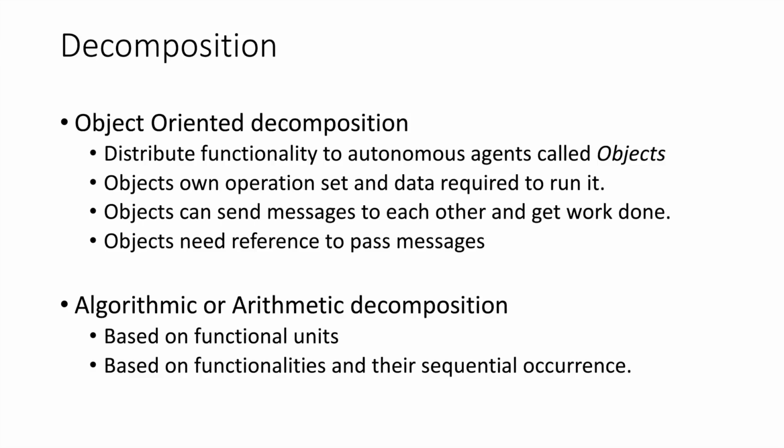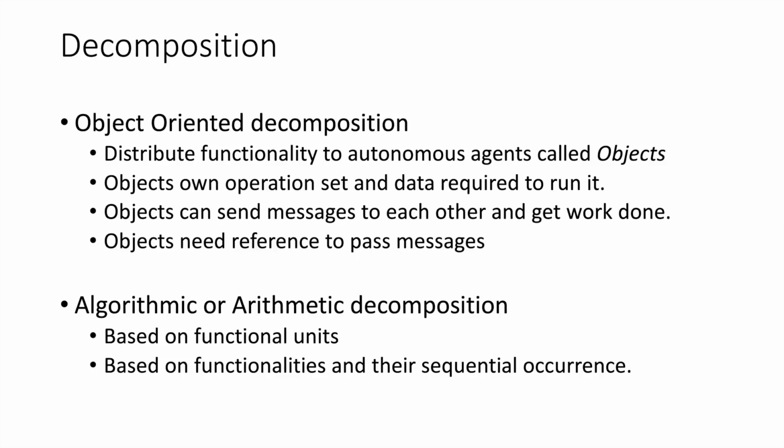In this method of decomposition, or splitting the total into meaningful parts, we distribute the functionality to autonomous agents called objects. We have seen in our example that an autonomous agent or object is a thing which can do its tasks on its own, which has the data to perform those tasks along with it as a capsule, and which can send a message to others if it wants to get work done from some other object.